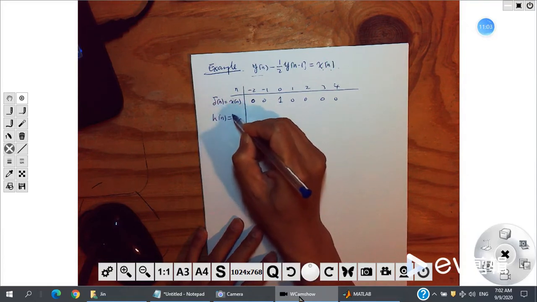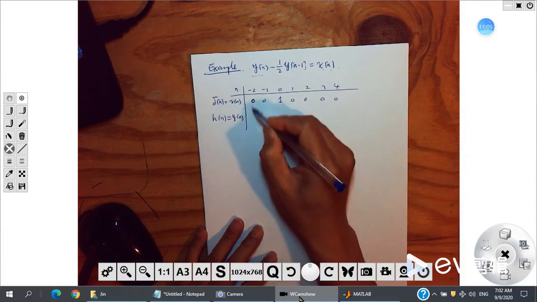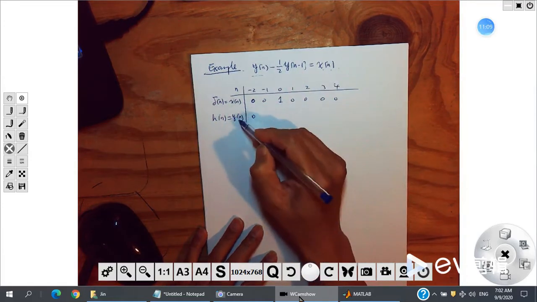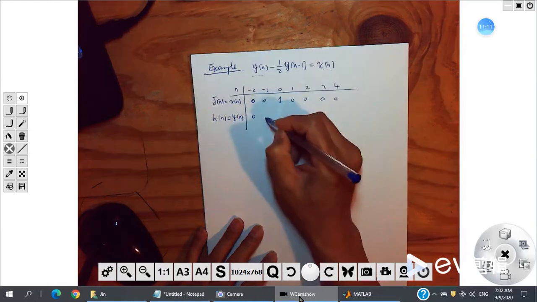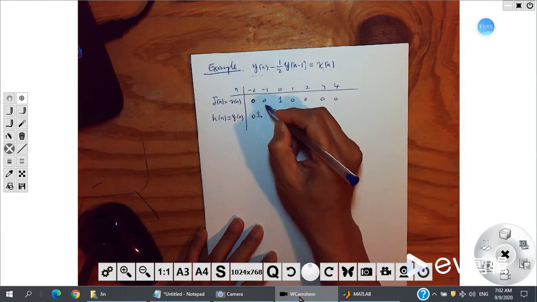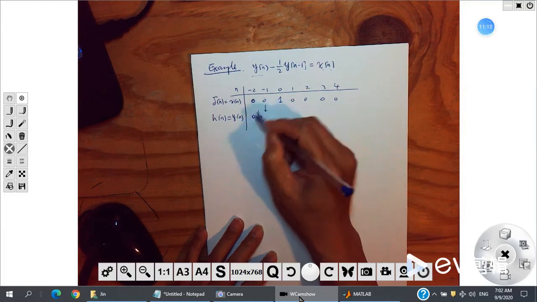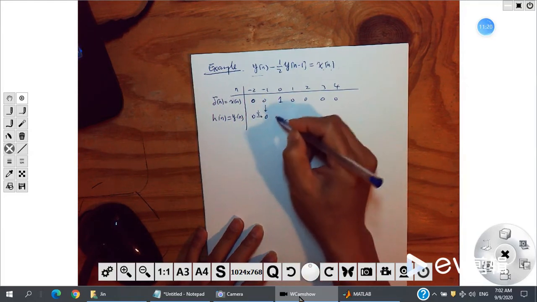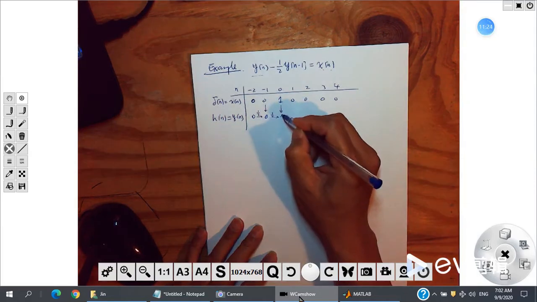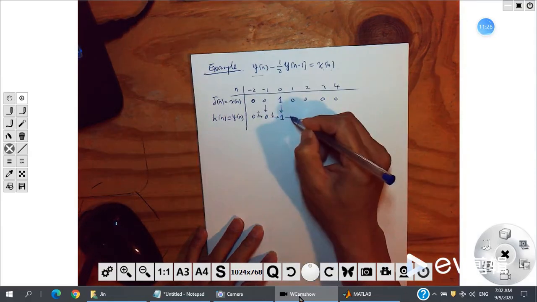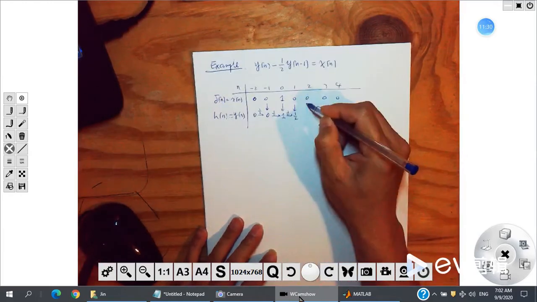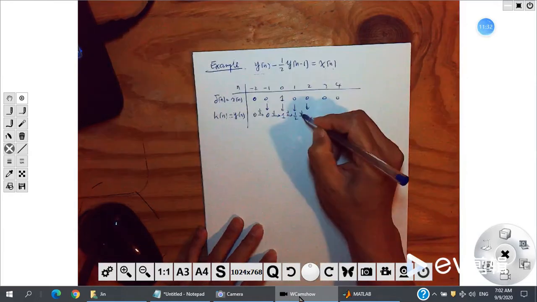Now y of n, the output, is 0: half of 0 plus 0. And this value is also half of this one, you do summation, you get 0. You have the same thing times half, and this one you do summation, you have 1/2. And this is also half, then 1/4.